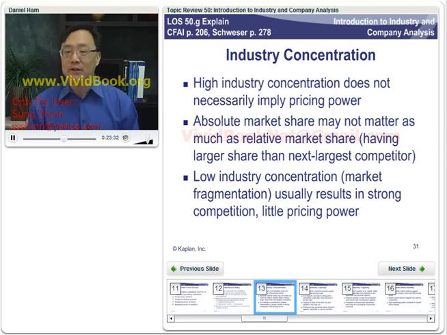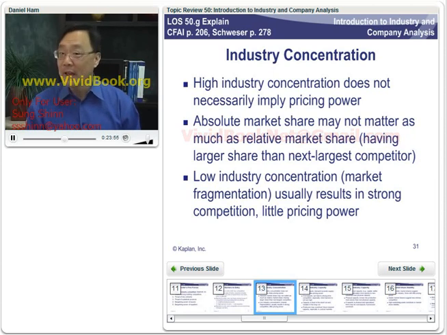I'll give you another example of relative market share. You could have 2 big competitors. Let's say the top company's market share is about 10%, the next is 8%, but everybody else, the third competitor and everybody else, say there are 30 or 40 of these, are fragmented.